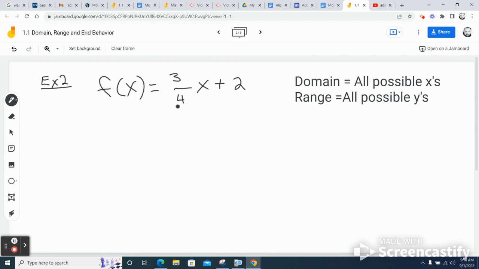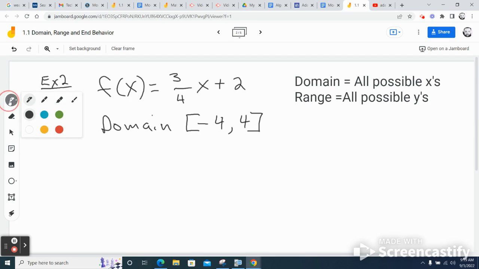And they're telling us, consider the domain. Let me write that over here. A domain of x equals -4 to +4.